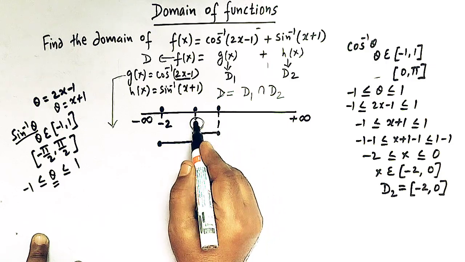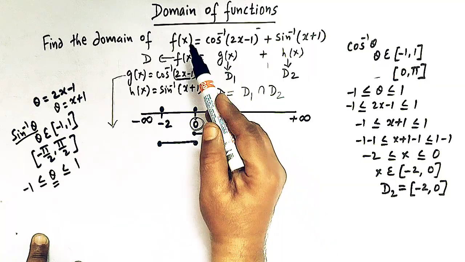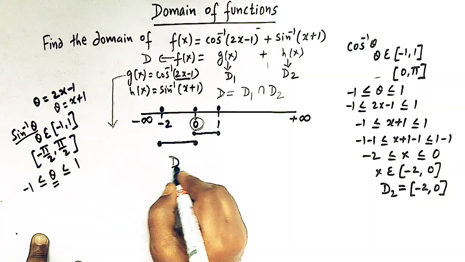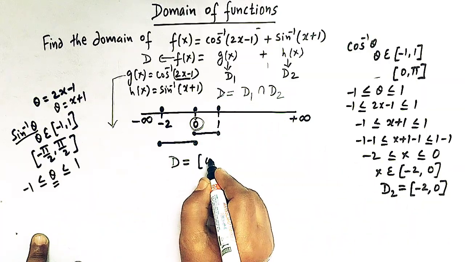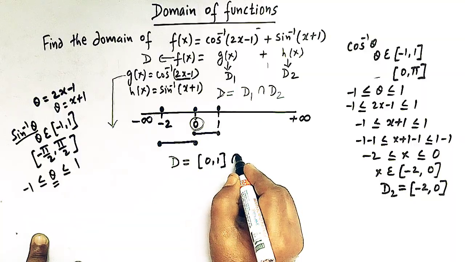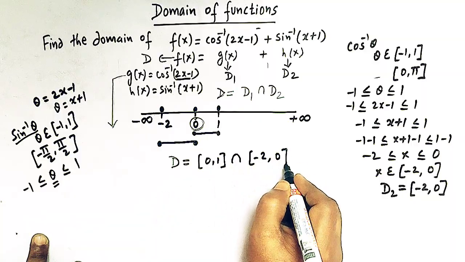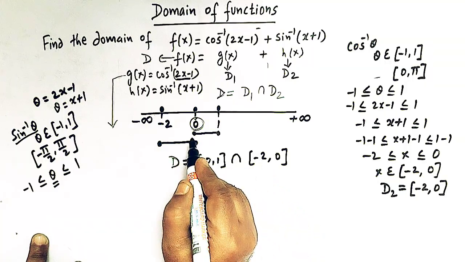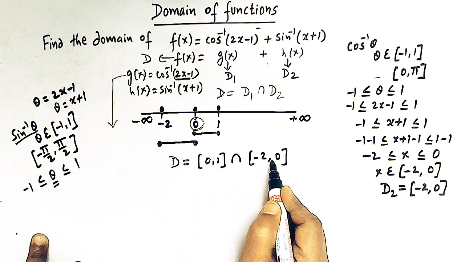So here we have only one point in the domain of this function f of x, right? So d is now given by d1, that is 0 to 1, and here we have the intersection, and then we have minus 2 to 0, and from these two intervals we can identify only one point which is common to both these intervals, right?